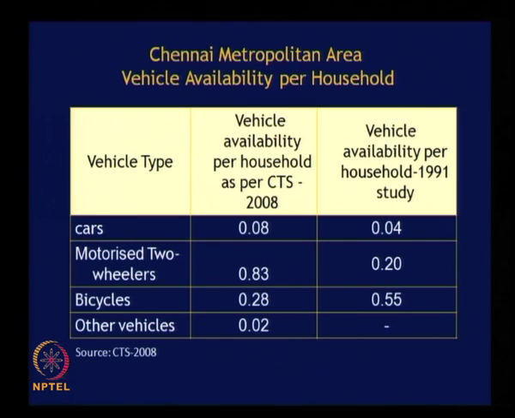And bicycle ownership has decreased, has become nearly half of the previous value, 0.55 to 0.28. Of course regarding other vehicles they did not collect data previously. So we need to understand that there is significant rate of growth of motor vehicle ownership in our country.